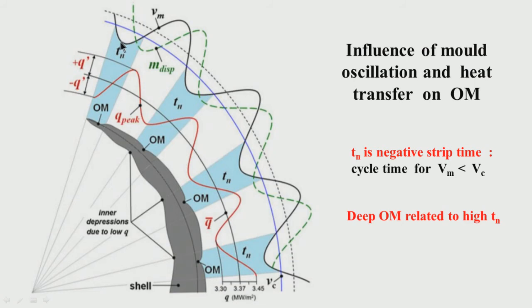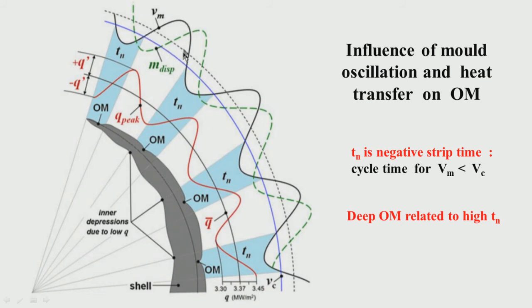Please try to see. This is the area which is called Tn. Tn is negative strip time. That means the cycle time where the velocity of the mold is less than the velocity of the casting. This is called negative strip time. So, in the whole cycle, there is some portion where the velocity of the mold is more than the casting speed.